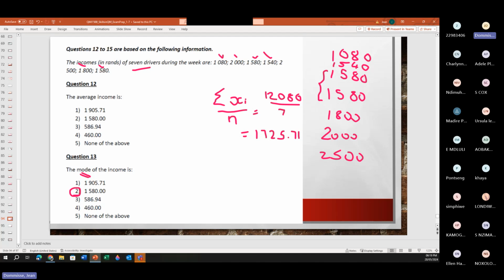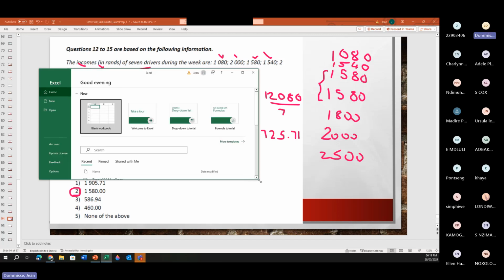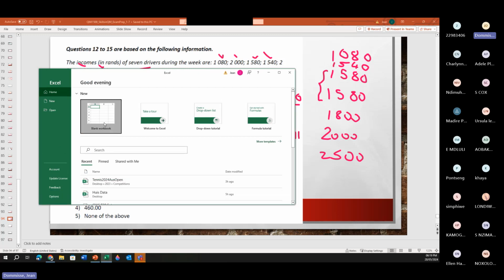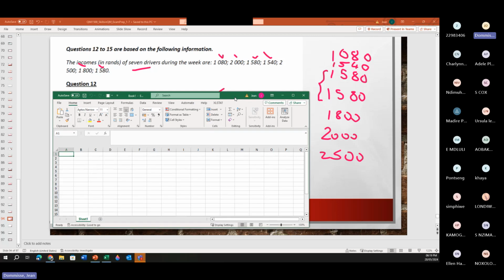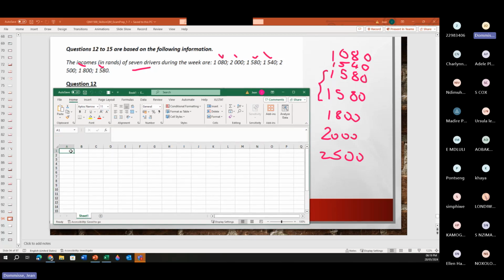Okay, so let me quickly open Excel as well, and I will again share this with you. Don't worry, I will share this after the session tonight with you guys on the WhatsApp group.